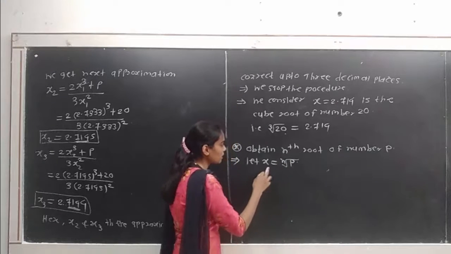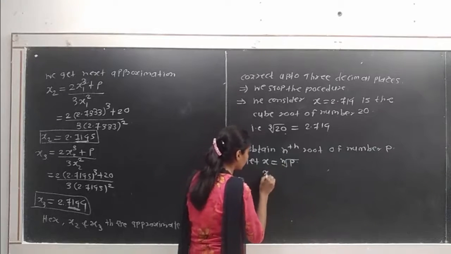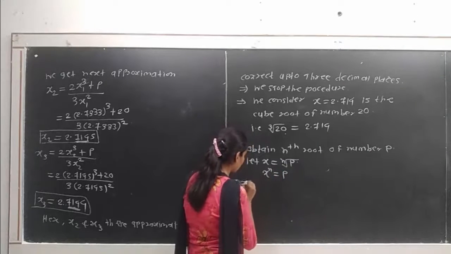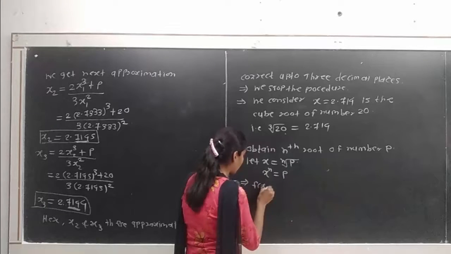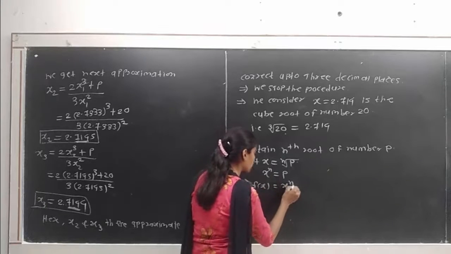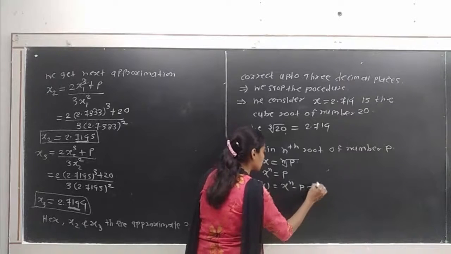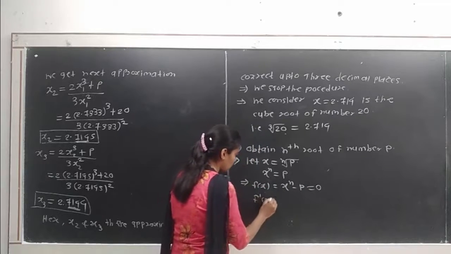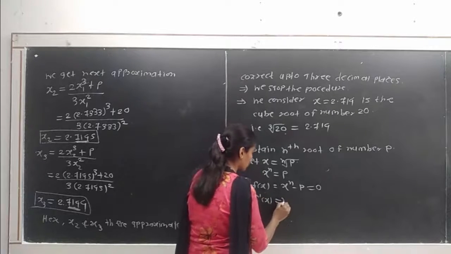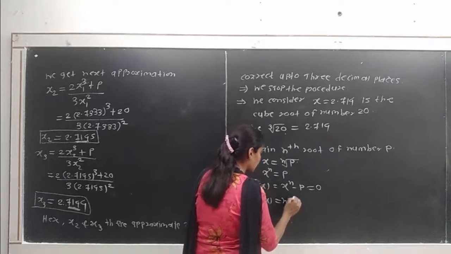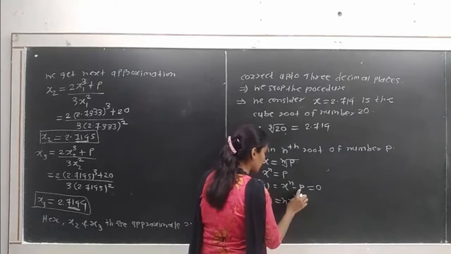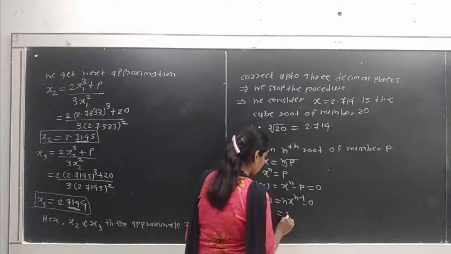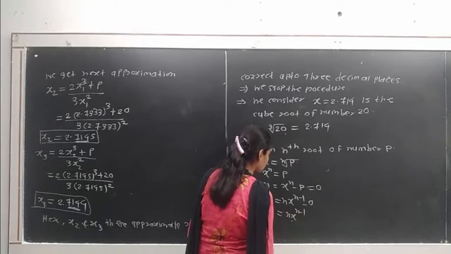Then by taking nth power on both sides, we get x^n is equal to p. Then we get the function f of x is equal to x raised to n minus p is equal to 0. First we find its derivative, then we get f dash of x is equal to n x raised to n minus 1 minus derivative of p, which will be 0, that is minus 0, so we get n x raised to n minus 1.